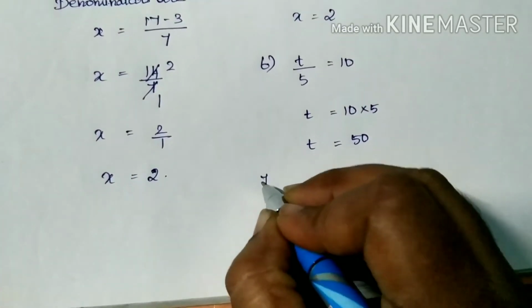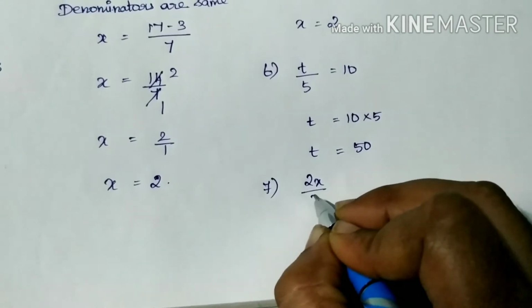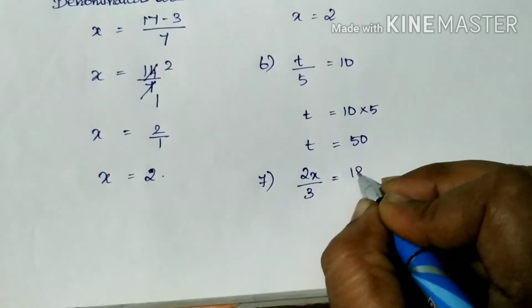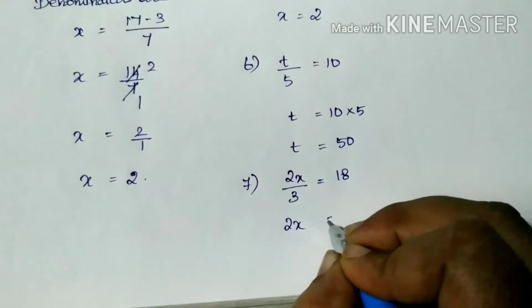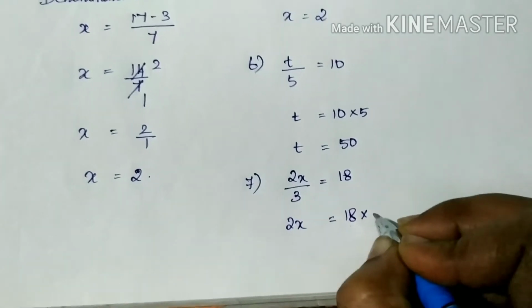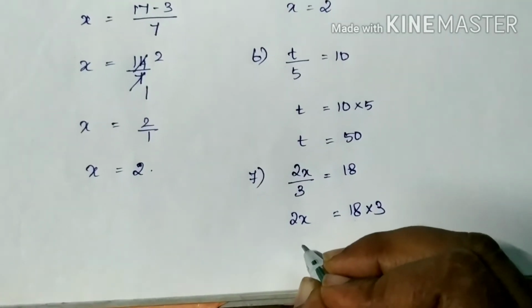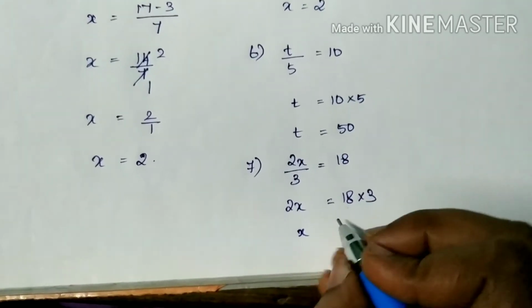And seventh question, 2x by 3 is equal to 18. So 2x is there, you take the 3 to that side, so 18 into 3. I didn't multiply yet because it will cancel.